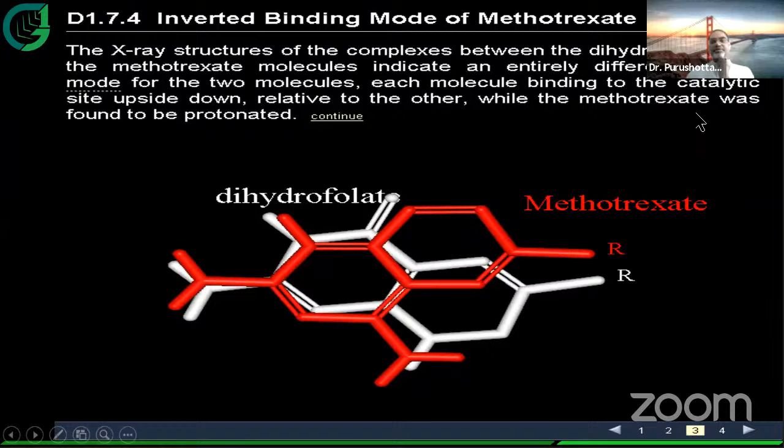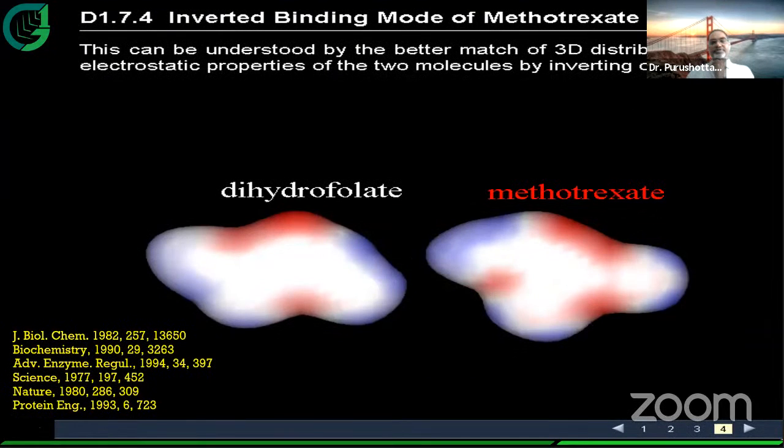While the methotrexate was found to be protonated, you could look into the 3D distribution of electrostatic properties of these two molecules. This example is very well described, and a couple of references are given for this one.